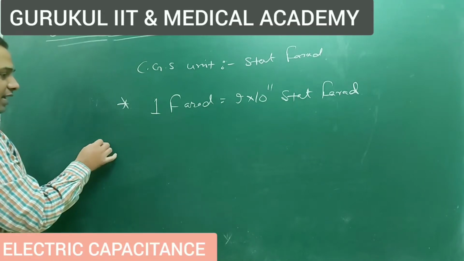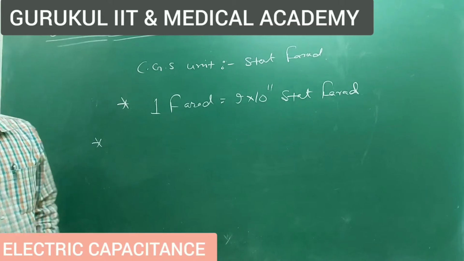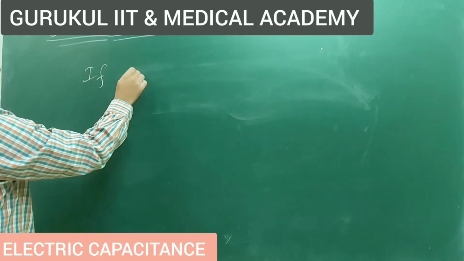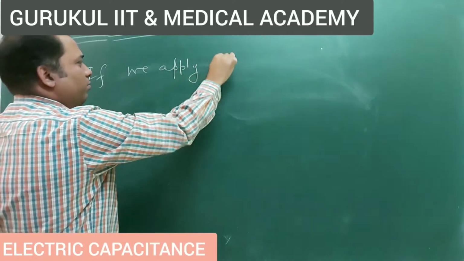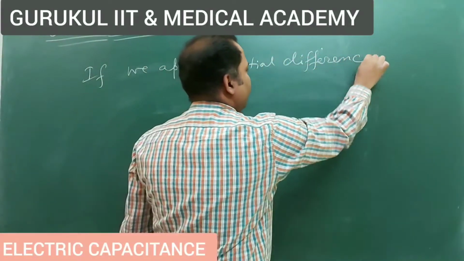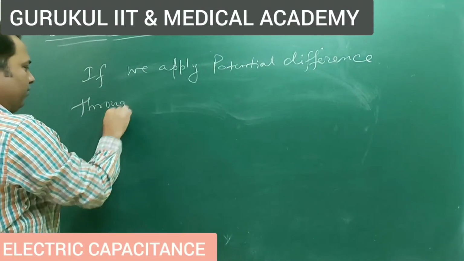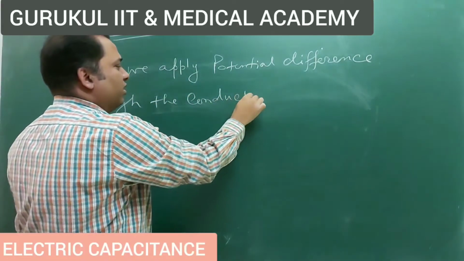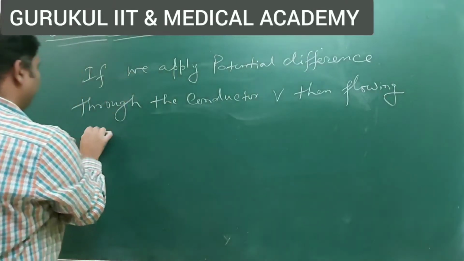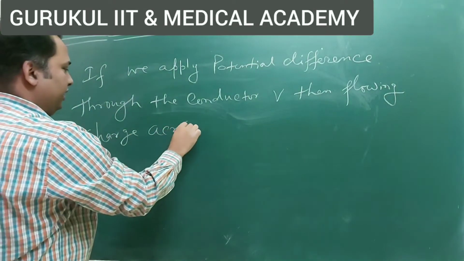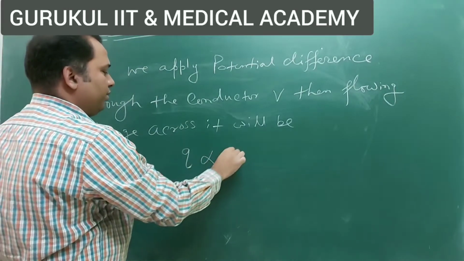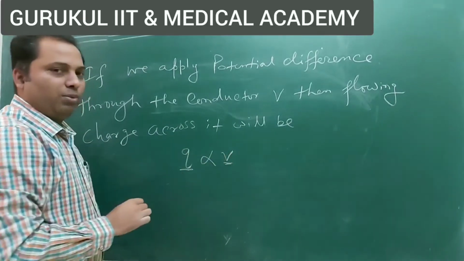One more important point we are writing. Please write: if we apply a potential difference V through the conductor, then the flowing charge across it will be Q proportional to V. So the flowing charge is directly proportional to the applied voltage.